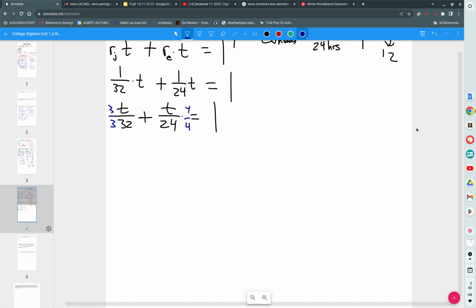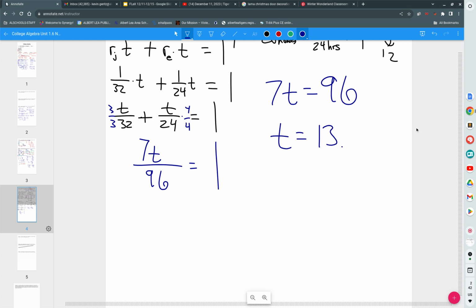So on the top I'll have 3t plus 4t. 7t over 96 is equal to 1. Multiply both sides by 96. 7t is equal to 96. Divide by 7. t is 13.71 hours.